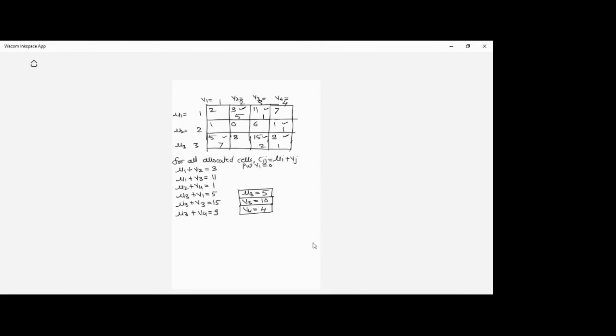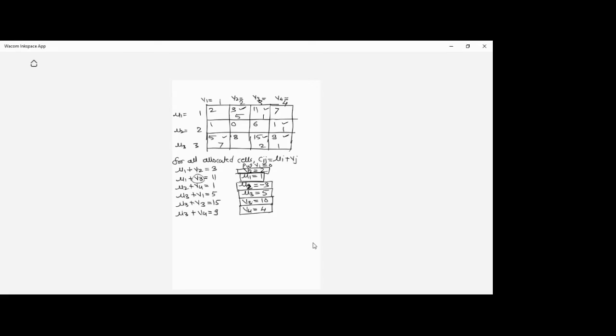V4 is 4, so U2 is 1 minus 4, that is minus 3. V3 is 10, so U1 is equal to 1. And lastly, V2 will be 3 minus 1, which is 2.